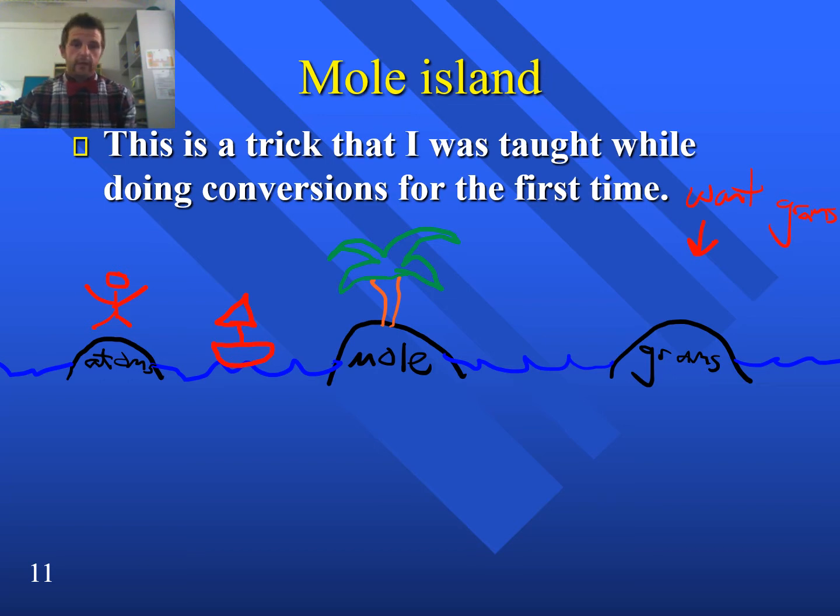So a good example, I'll just come up with a problem, is let's say we have 3.02 times 10 to the 22nd atoms. And I guess let's say these are atoms of hydrogen.